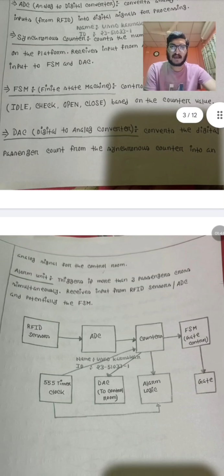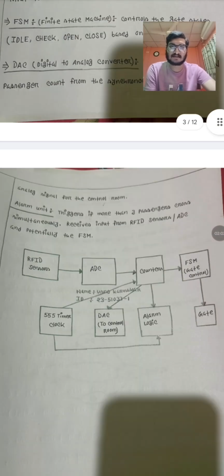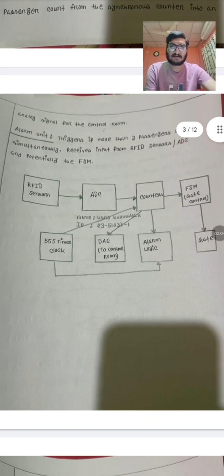And last of all, alarm unit, it represents receive input from RFID sensor and analog to digital converter and potentially the finite state machine. And that is the block diagram.